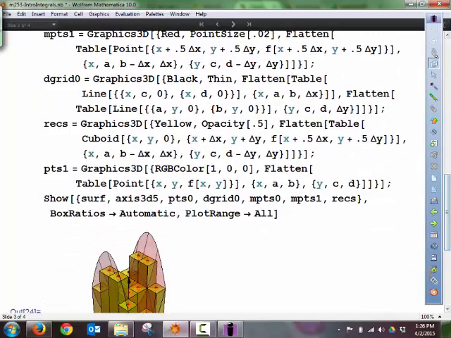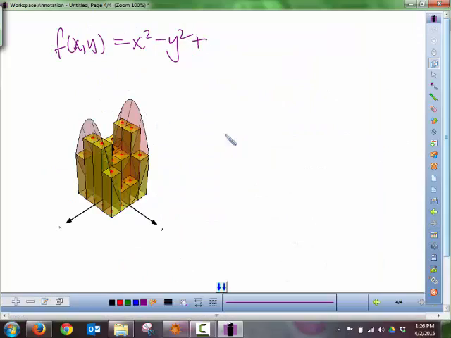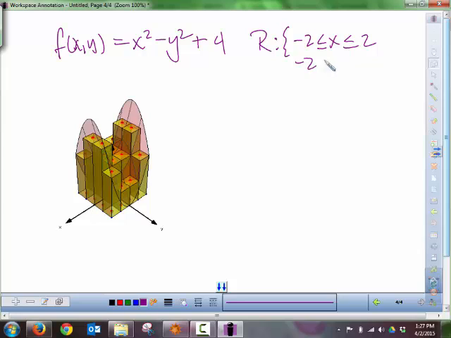I have a +4. And then my domain or region is x and y, so between -2 and 2. So this is with 4 partitions.